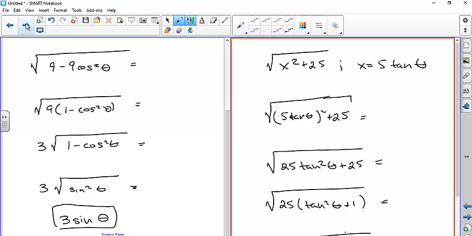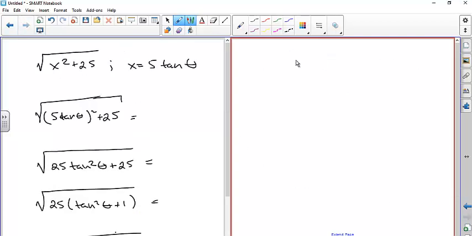And the last problems just ask you to use a graphing utility to show when these equations are true. Here's an example: cosine of theta equals negative the square root of 1 minus sine squared theta.